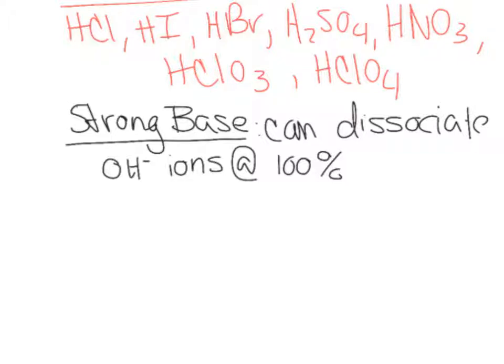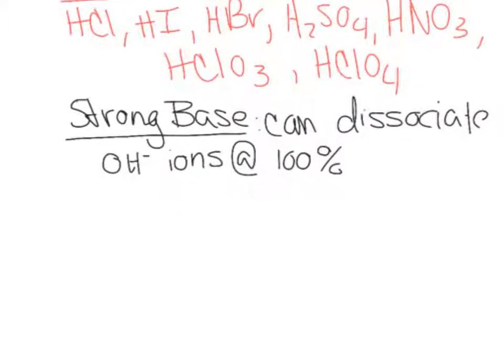Strong bases, we say, can dissociate hydroxide ions at 100%. So let's say we have NaOH, and then we've got our equilibrium expression here. Because it is a reversible reaction, we're going to split up into the ions of sodium ion and hydroxide ion.